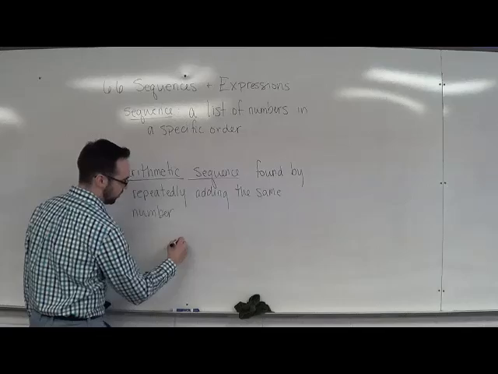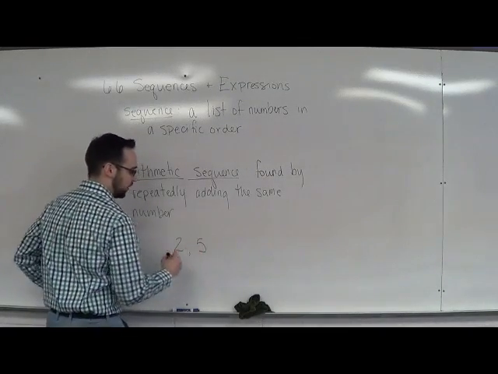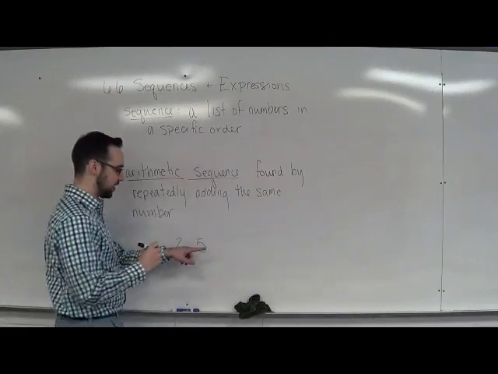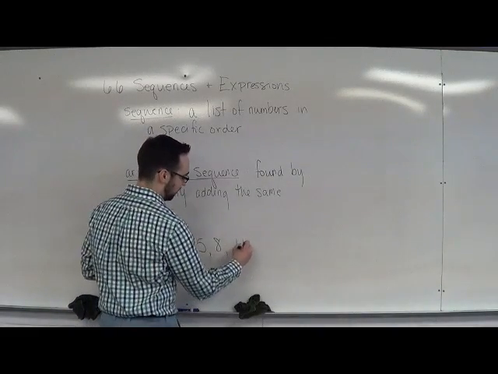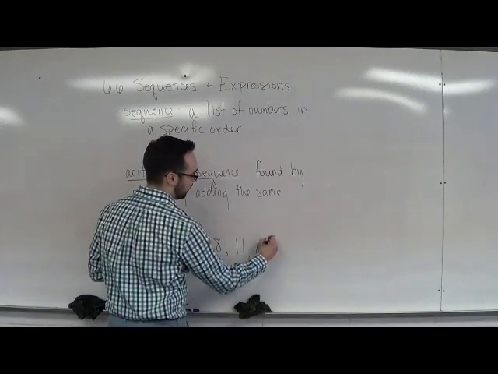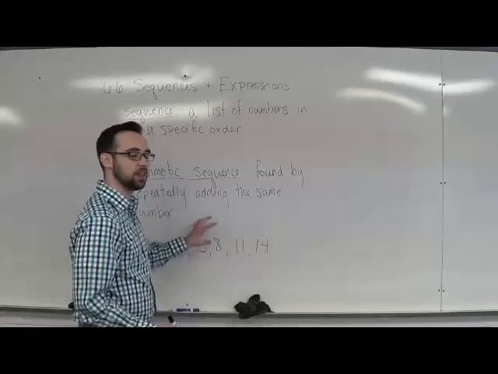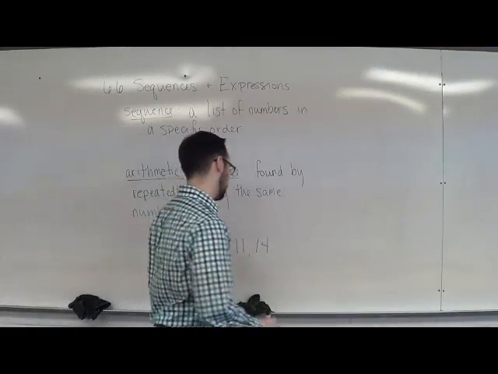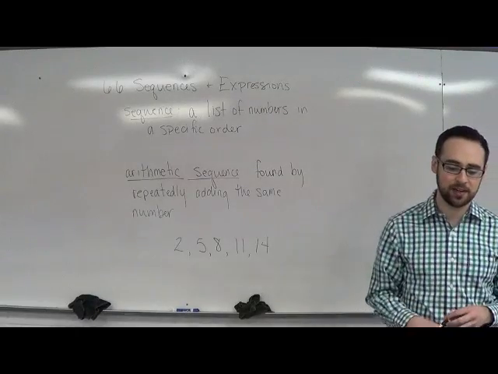So for instance, if I start with 2 and I go to 5, what did I add? Well, I added 3. So to get to the next term, I'd add 3 again and I'd get to 8. Add 3 again, I get to 11. Add 3 again, I get to 14. So on and so forth. This is an arithmetic sequence because you're adding the same thing every single time. So you just keep adding, and that's an arithmetic sequence.